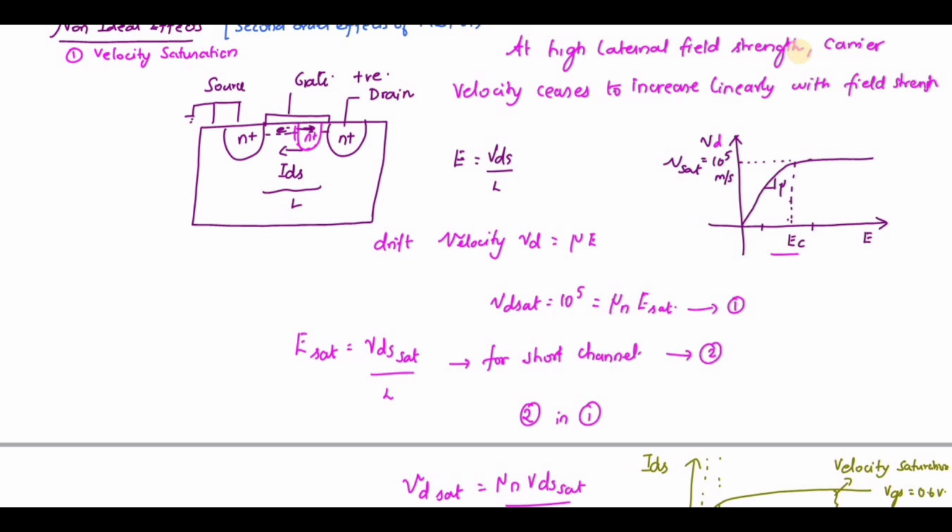Often you will get collided, and beyond a certain level you will get fatigue, and you will reach some maximum average speed. In the same way, the carrier will approach a maximum velocity, called velocity saturation, when a high field is applied. So this phenomenon is called velocity saturation.